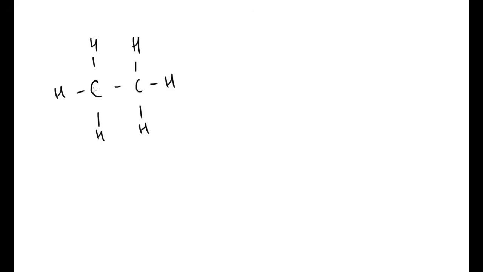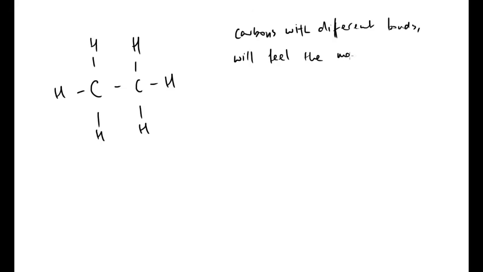So what is bonded onto this carbon will affect it, and therefore carbons that have different things bonded onto them will feel the magnetic force differently. So I'm going to write that down: carbons with different bonds will feel the magnetic field differently.